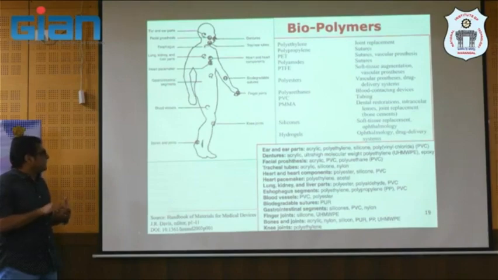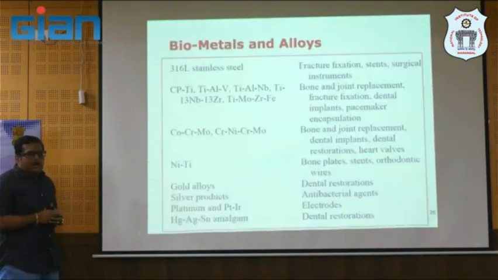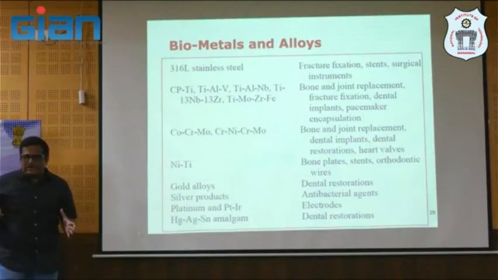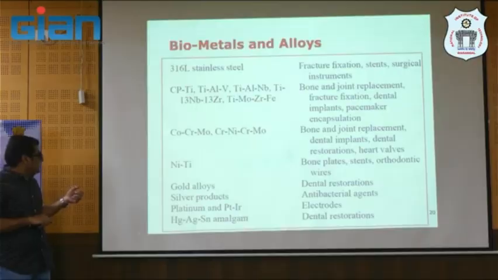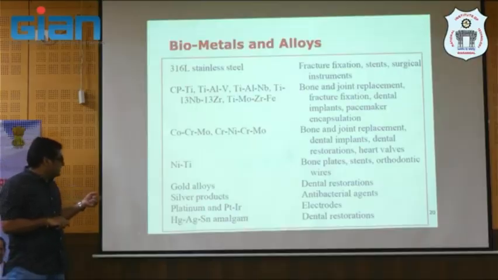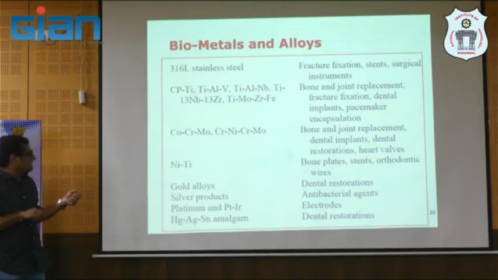Then you have metals and metal alloys, right from 316L steel, which is a compatible material. Titanium 64 is predominant, and you have other titanium alloys that are biocompatible and FDA approved. You have cobalt chrome alloys, nickel titanium, gold, silver, platinum, and amalgams for dental restorations.